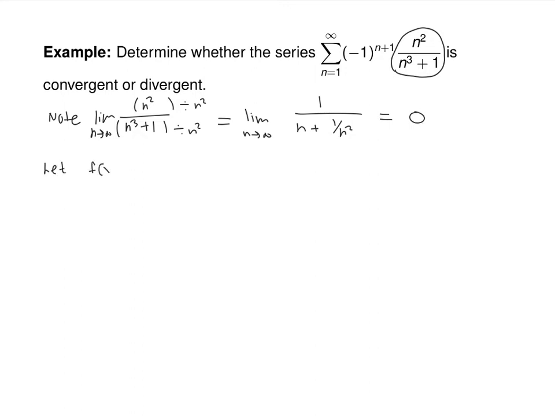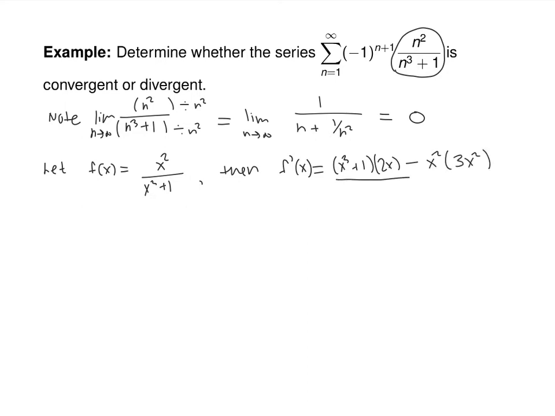And then we're going to let f of x equal x squared over x cubed plus 1. To show that n squared over n cubed plus 1 is decreasing, we're going to use the derivative. So then f prime of x is low derivative of upper minus upper derivative of lower, all over lower function squared.